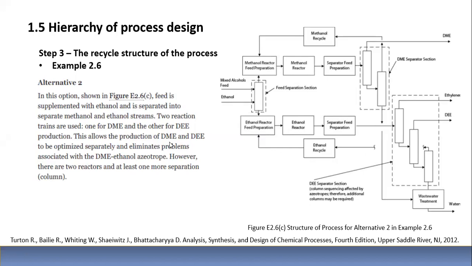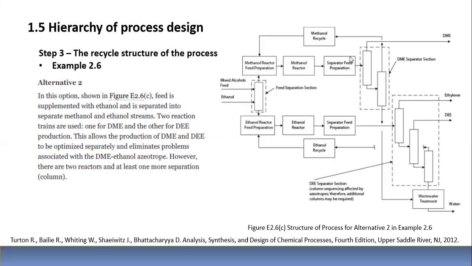This allows for the production of dimethyl ether and diethyl ether to be optimized separately and eliminates problems associated with dimethyl ether ethanol azeotrope. O sea, lo cita como ventaja al tener las líneas separadas, permite la producción de dimetil éter, como usted puede ver aquí.